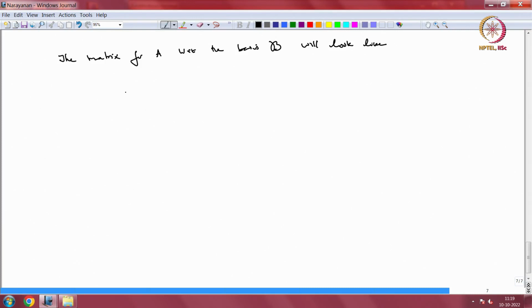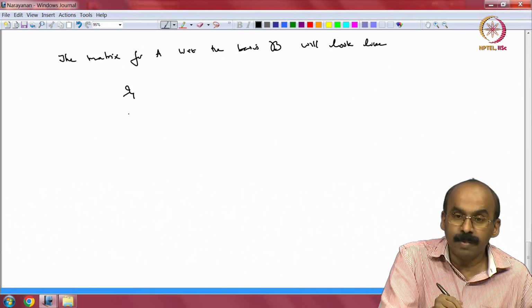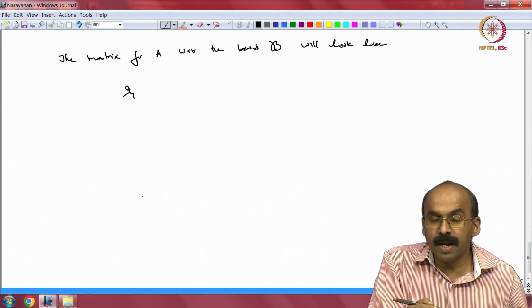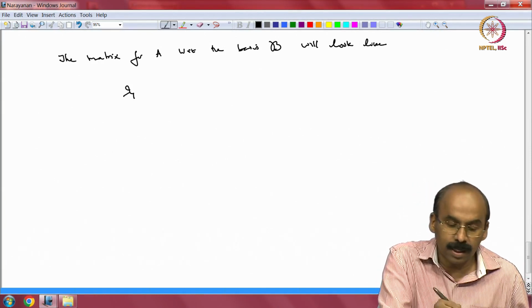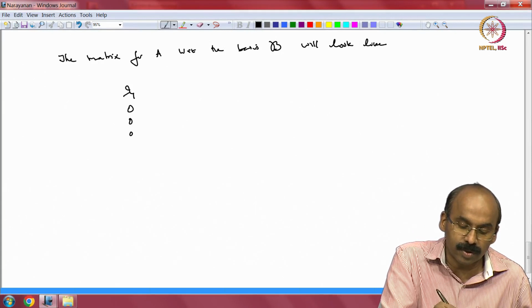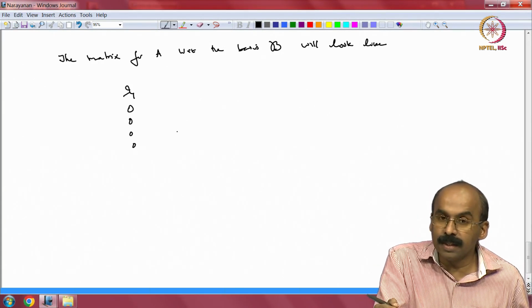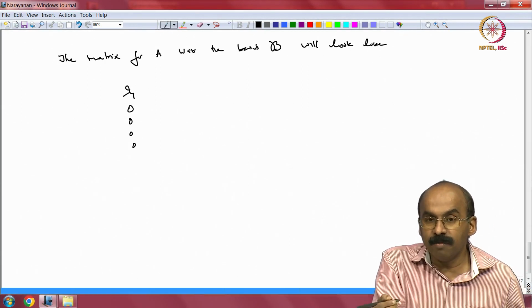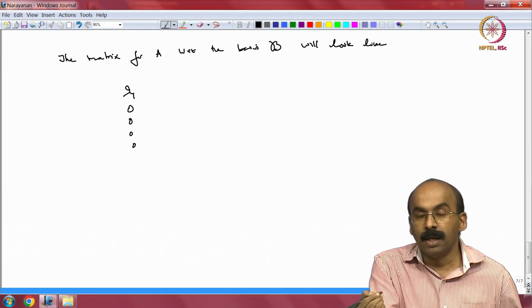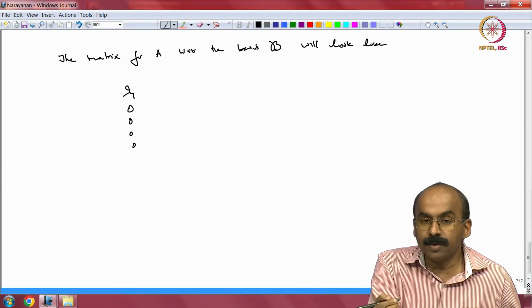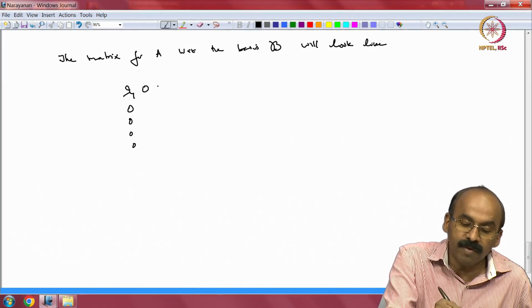I am applying A to V1, I will get lambda 1 V1, lambda 1 will be the first entry in the matrix, and it does not have any components in the other portions, right. So, it is 0 0 0 and so on. Now, if I take any other basis element from V1 perp, that is the orthogonal complement of V1, applying A to it gives me something in V1 perp itself. So, it has no component in the V1 direction, right.